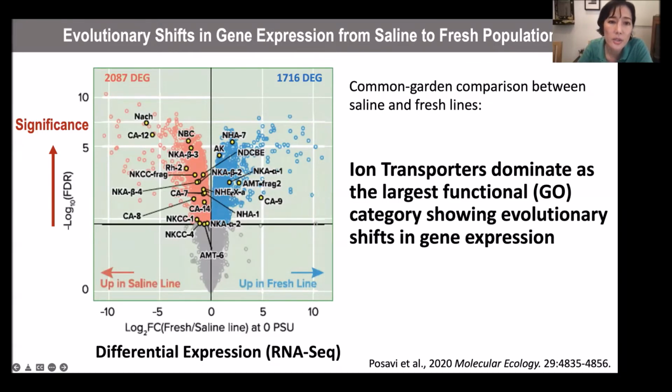Here you can see to the right is increased expression in the freshwater lines, and to the left is increased expression in the saline lines, and thousands of genes showed evolutionary shifts in gene expression between the populations. And what's interesting is ion transporter genes dominated as the largest functional category that showed evolutionary shifts in expression.